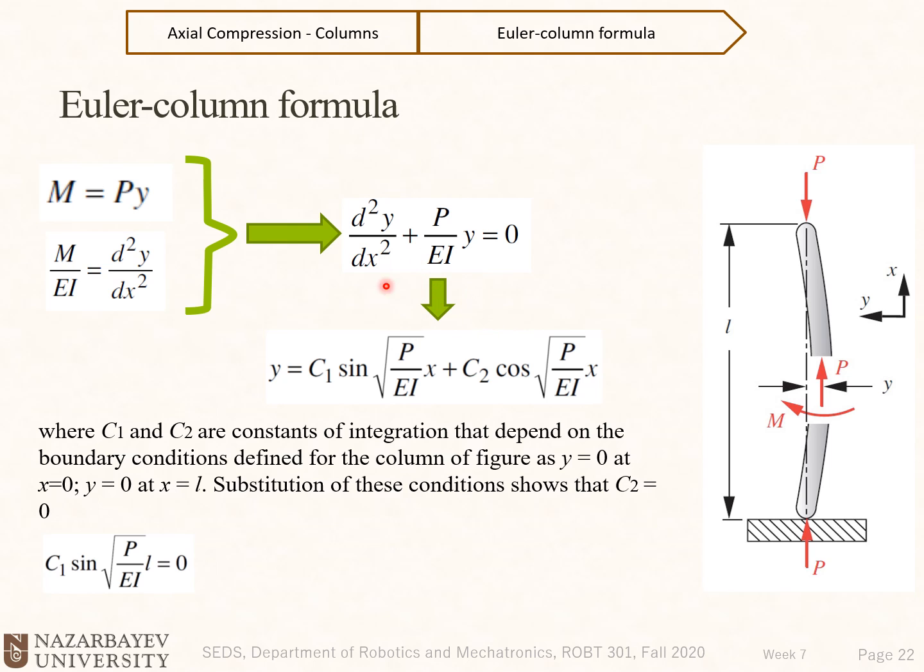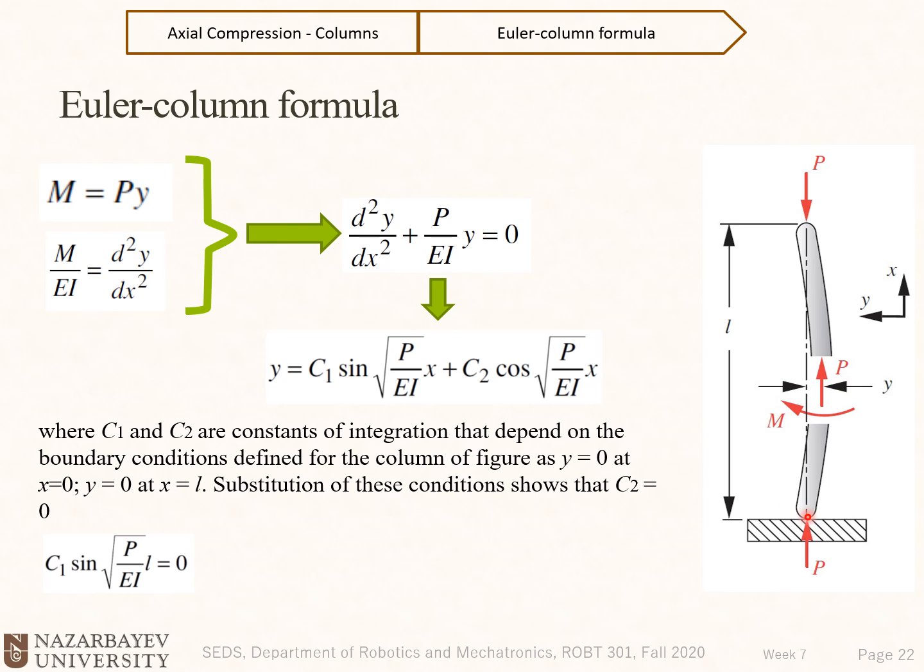Okay, so based on the differential equation, we can find the general solution for Y, which is C1 sine of square root of P over EI times X, plus C2 cosine of square root of P divided by EI times X. C1 and C2 are constants of integration that depend on the boundary conditions defined for the column of the figure as Y equal to 0 at x equal to 0. So at this support here we have our first boundary condition.